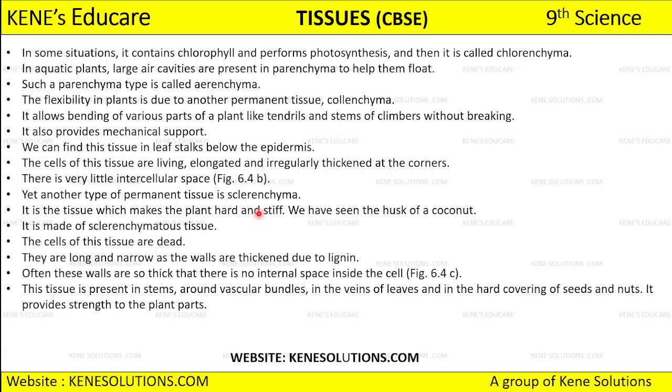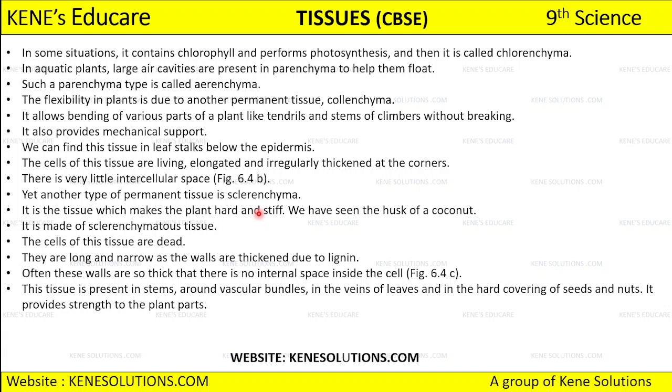Okay, and remember one thing, ये जो sclerenchymatous tissue के जो cells होते हैं, they all are dead. Okay, so you will see this sclerenchyma, they are long and narrow, and their walls are thick due to the lignin which is present, so thick that there are no internal spaces present inside the cell.